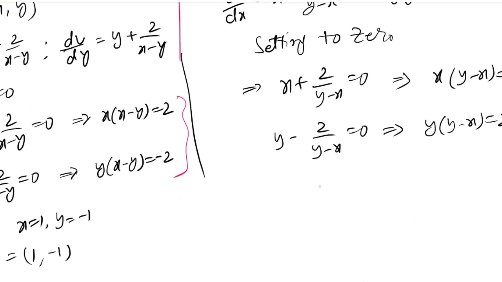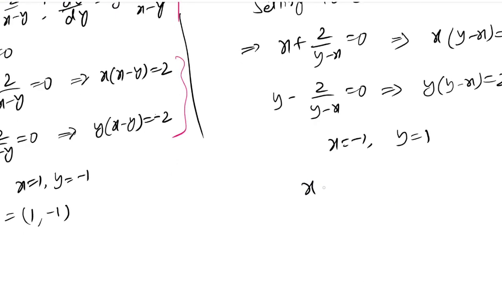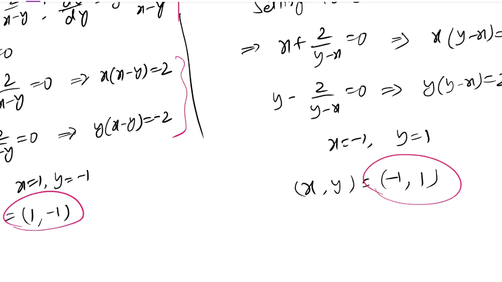So if you solve both of them, you will get x is equal to minus 1 and y is equal to 1. So here also we will get the point x comma y is equal to minus 1 comma 1. So that means we have two equilibrium positions. One is 1 comma minus 1, other one is minus 1 and 1.